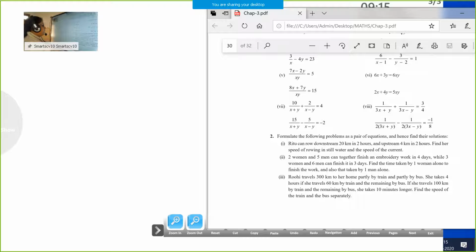Find her speed of rowing in still water and speed of the current, or speed of the flow.